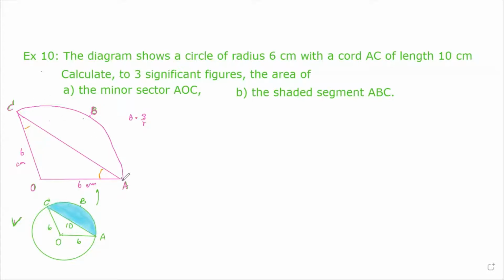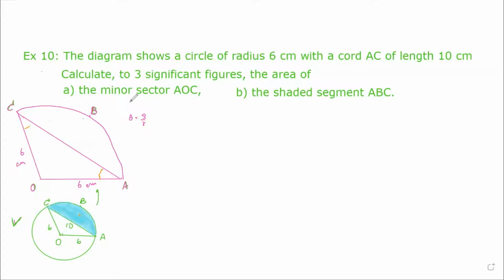So our job is to find the whole area first and then find the triangle area. The whole area, sector AOC first, and then minus triangle AOC. Then we get the answer for the shaded area. You can see down here also if you want: the big one, AOCB minus triangle AOC, then we get the shaded area.